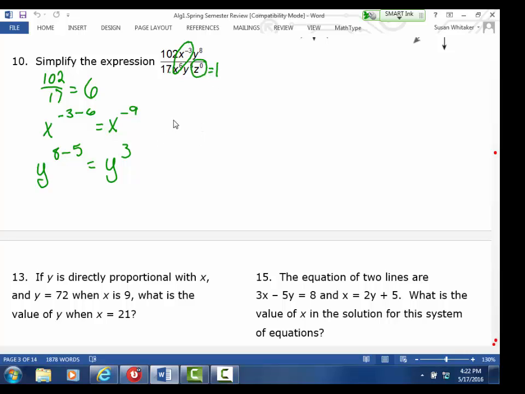Okay, so if I put that back together, I now have 6 x to the negative 9, y to the 3rd, and 1.